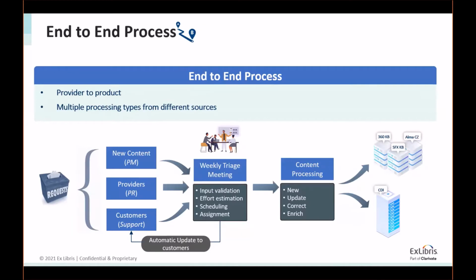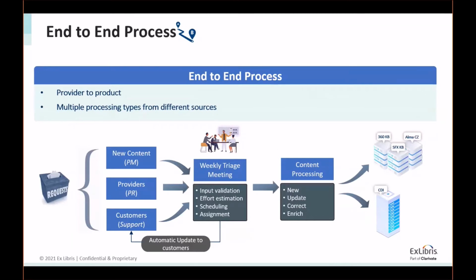Within the following week, the operations team estimates the required work effort and schedules the task with a release version that will include the task. And then the task is assigned to a specific analyst.